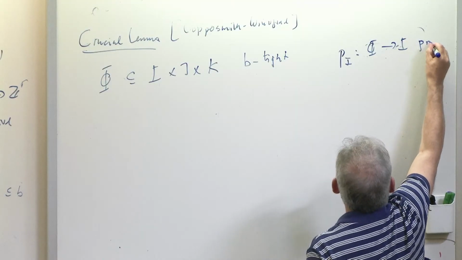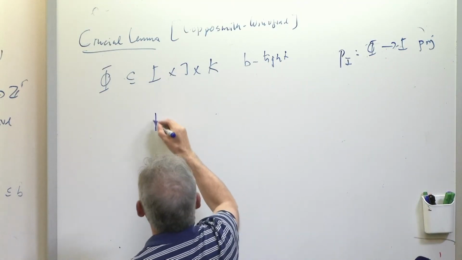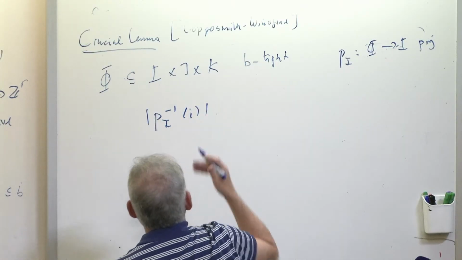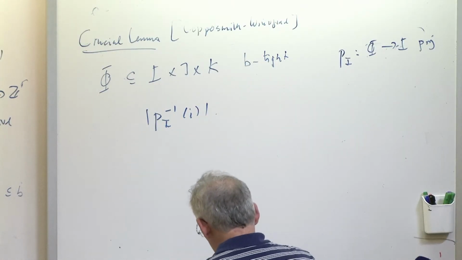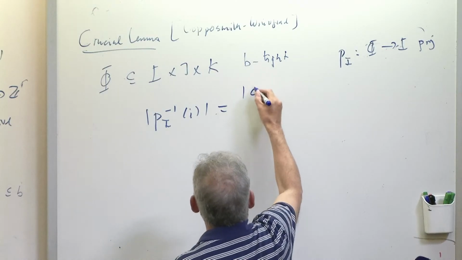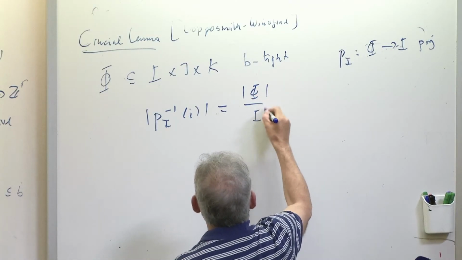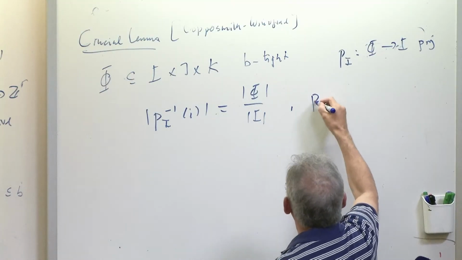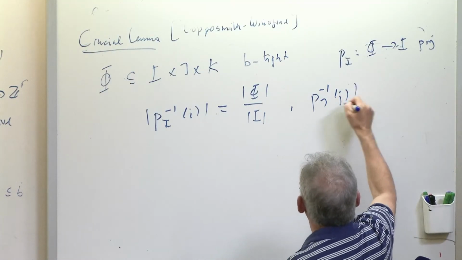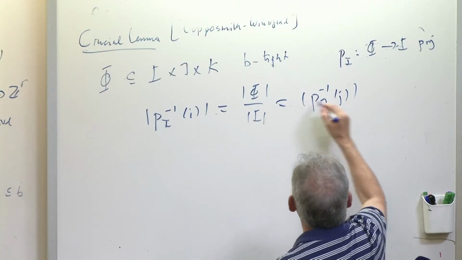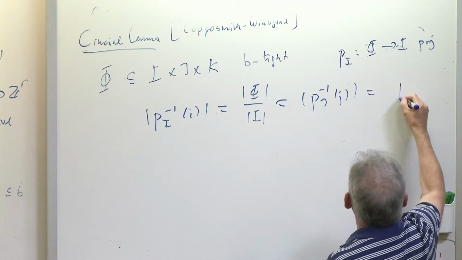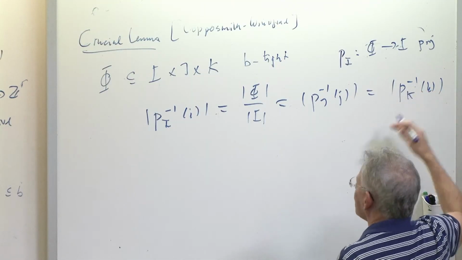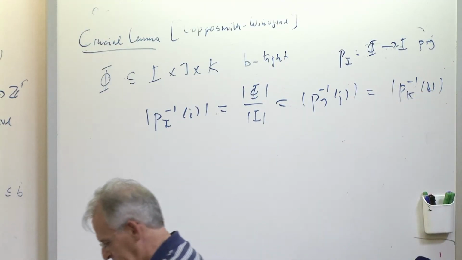So I look at what is in the fiber, and this should not depend on I. So this should be the cardinality of phi divided by the cardinality of I. So it's a balancedness condition, but the same for J. Same thing. So this is kind of balanced in this way.